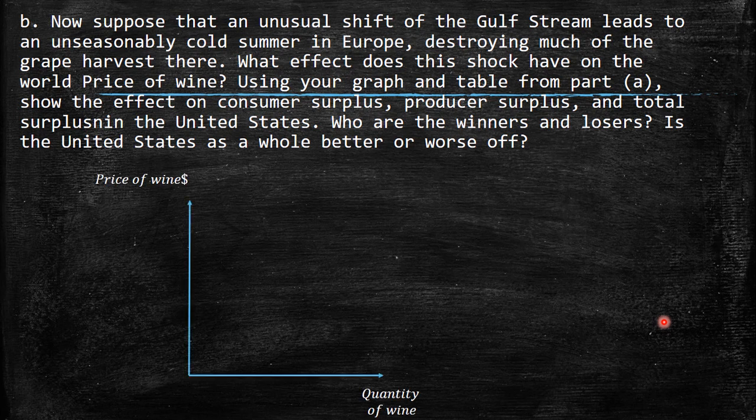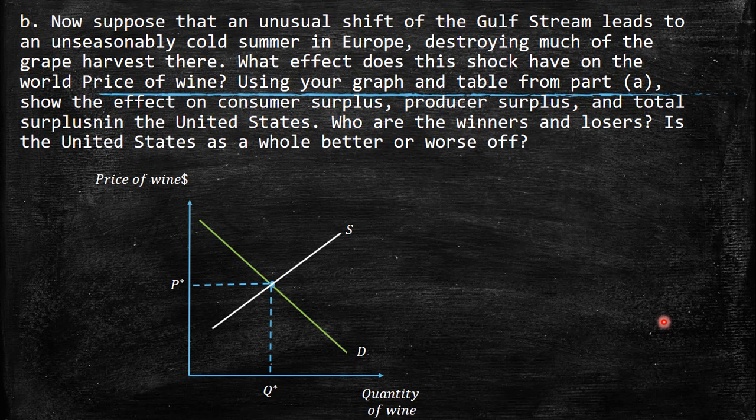So here I'm going to represent the condition in the total market. We know this was the total market of wine with P star, Q star, the equilibrium price and quantity, but given the weather problem, the supply is going to be affected.